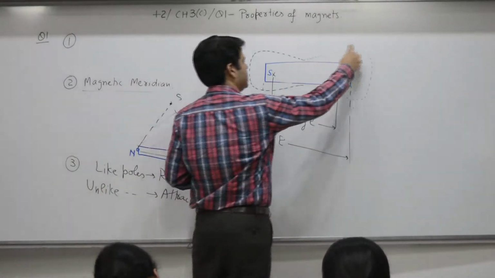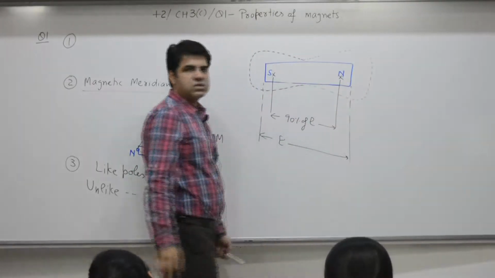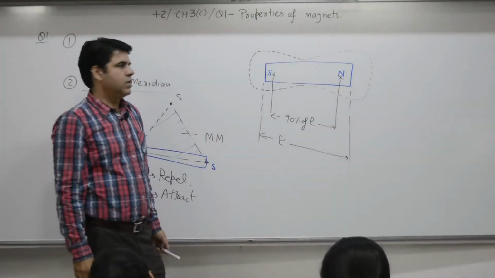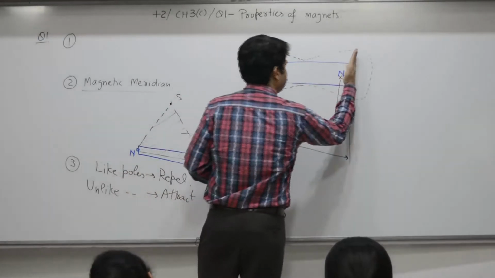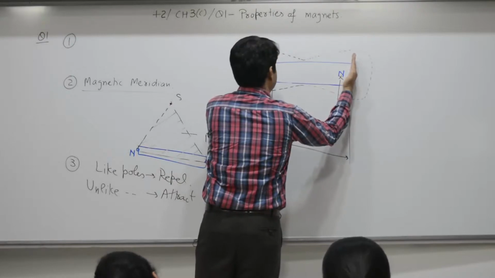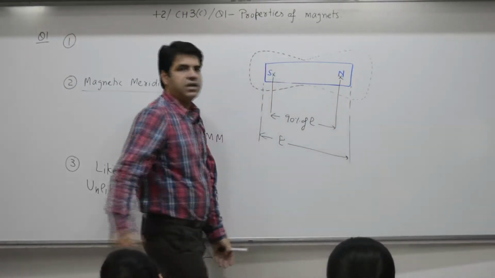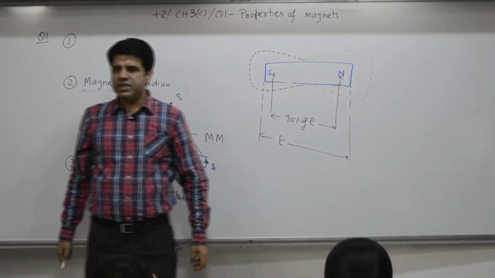So if you plot it strength-wise, this plot gives you a fair idea about the strength of a pole. North is not on the face, south is not on the face, it is some distance in. What is that distance? Approximately 90% of the length.